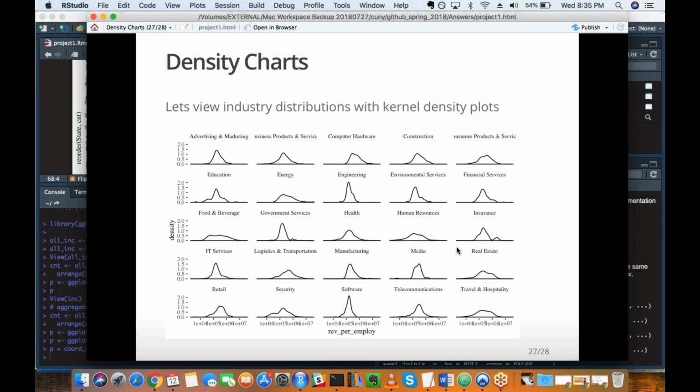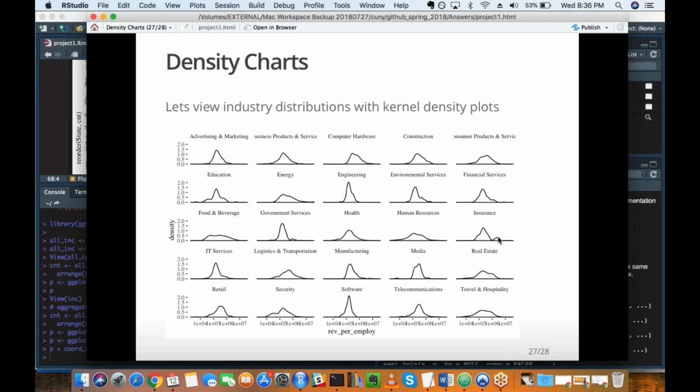And so this gives us more information about what's actually going on with the distribution. You'll see things like wider distributions or more narrow distributions, and those will show up as either wide or narrow boxes. But we're also getting more information about what's happening inside the distribution. So for real estate, for example, you could see that there's a bit of a bimodal distribution going on.